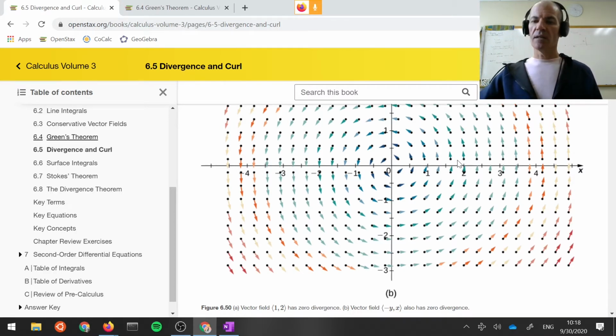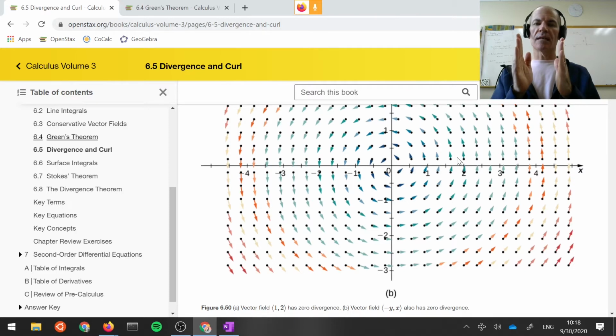Here it's not 100% obvious what will happen, but let me give you a little bit of intuition. I can see as I go along this row of arrows that the arrows get longer as I go away from the origin and shorter as I go into the origin. So for example, between these 2 arrows, although they look about the same length, it's reasonable to assume that the arrow on the right is a little bit longer than the arrow on the left.